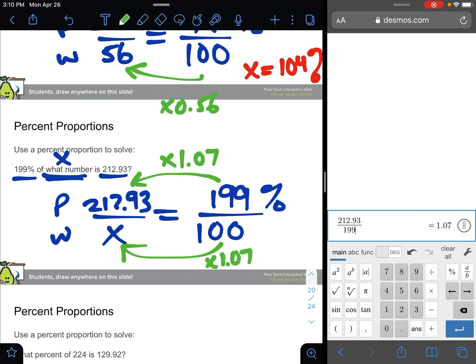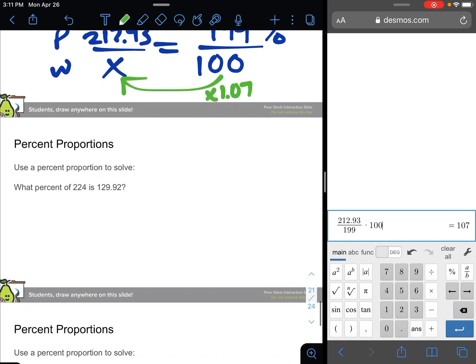And that times 100 should be pretty obvious, I hope. It's just going to be 107. So X would be 107. Again, that makes sense because the part is bigger than the whole, because the percent is bigger than out of 100. So it makes sense that this answer is smaller than this answer because the percent was more than 100%. Okay, moving on.